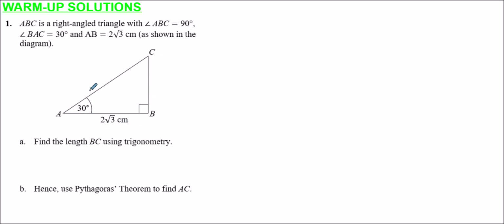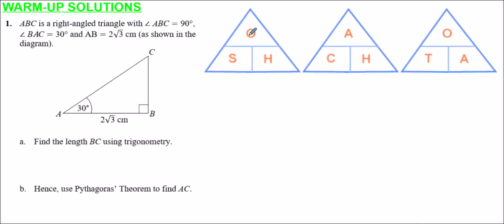So just to remind you from GCSE, which you should know already of course, the SOH-CAH-TOA triangles. Depending on what teacher you had at GCSE, each teacher has their own way of explaining things. This is how I tackle this question. What I would do first of all is label the sides opposite, adjacent and hypotenuse accordingly.